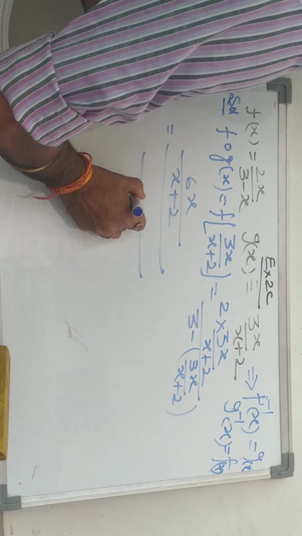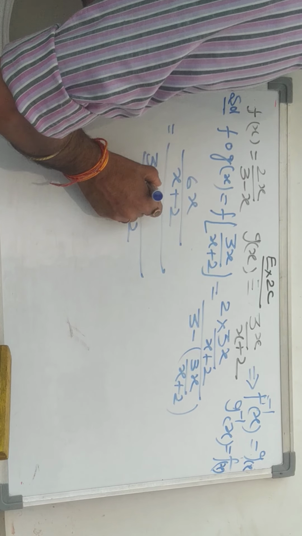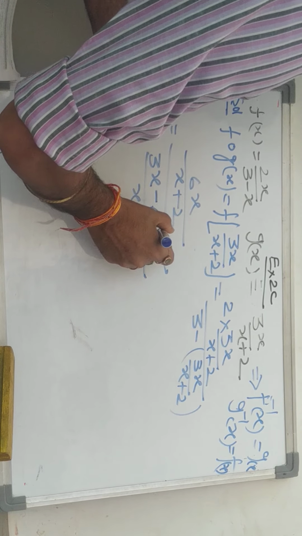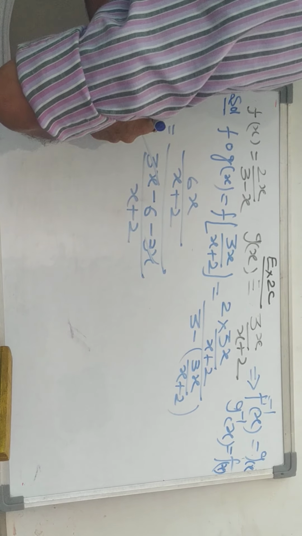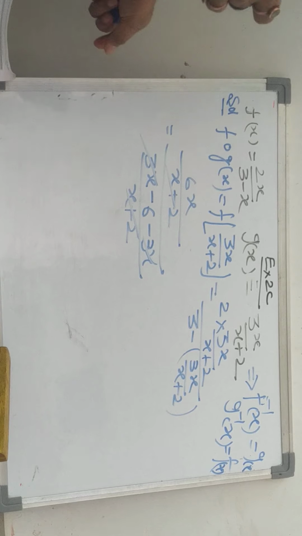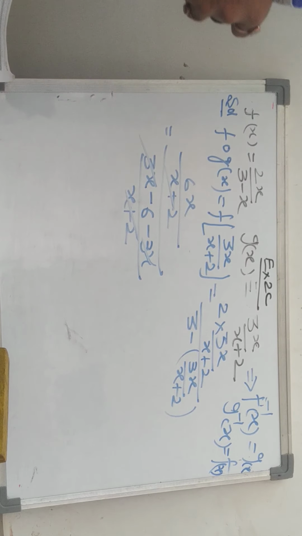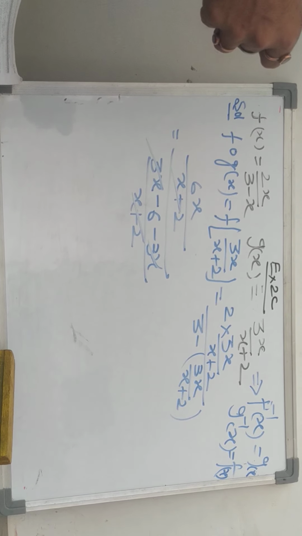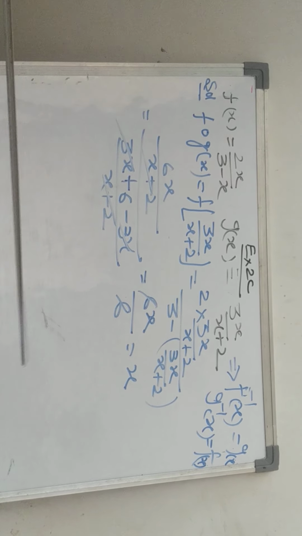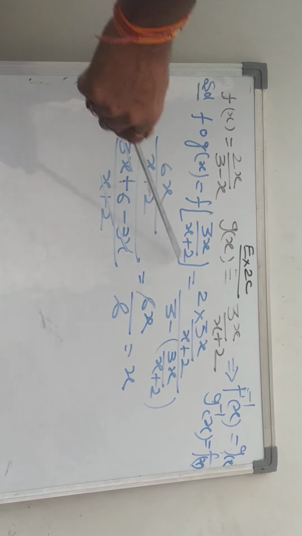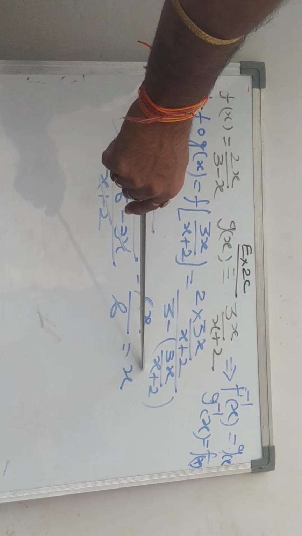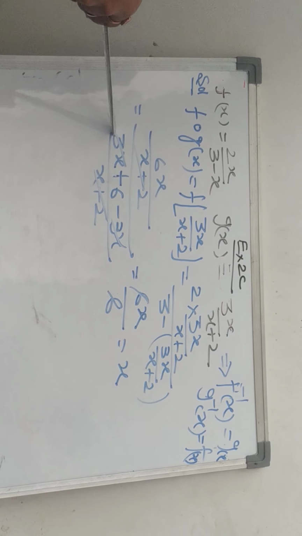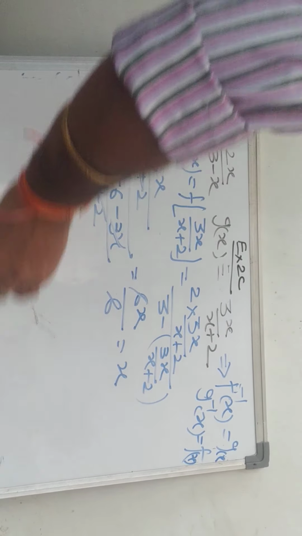In the denominator also x plus 2 is taken as the LCM, and it converts to 3x plus 6 minus 3x. 3x and 3x cancel, x plus 2 and x plus 2 cancel, 6 and 6 cancel, and the answer is x.